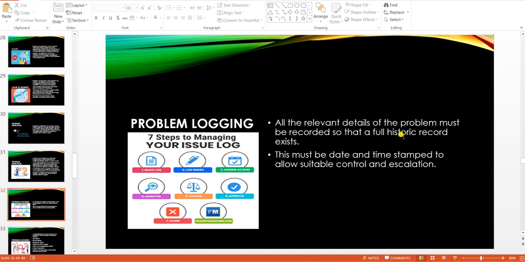Also, in terms of problem logging, all the relevant details of the problem must be recorded so that a full historic record exists. This must be date and time stamped to allow suitable control and escalation. This is very important in logging problems.